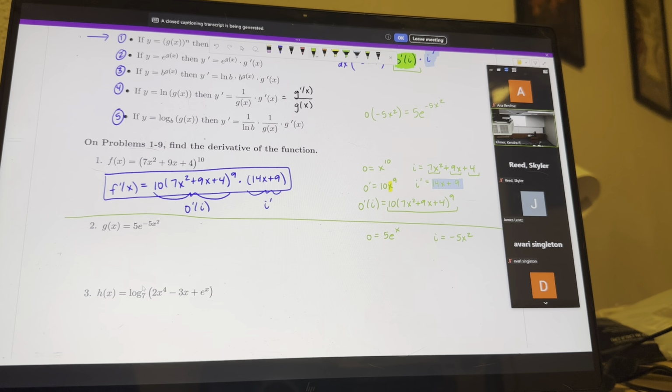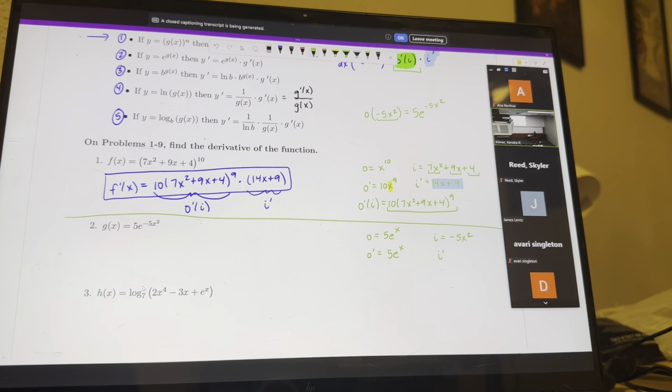And so when you have it written like this, it's easier to see outer and inner, right? It's a composition function where the outer function is O and the inner function is negative 5x squared. So we need the derivative of both. So O prime, the derivative of 5e to the x, is just 5e to the x.